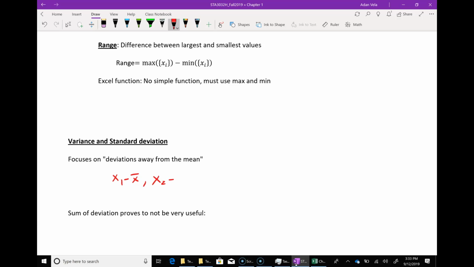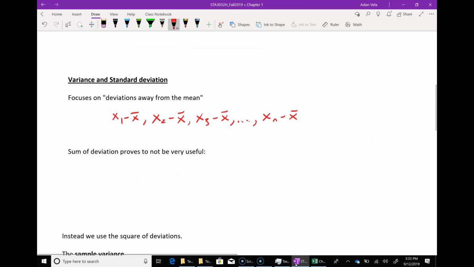So if we collected data points x1, x2, x3, all the way to n data points, we're going to look at their deviation. We always start with the easiest thing to do. Somebody said, maybe we could make the variance just the sum of all these deviations, because that will give us some measure of the spread.